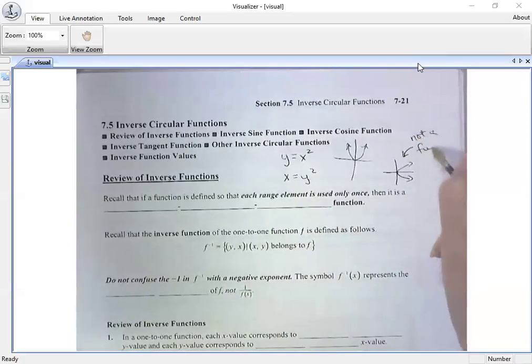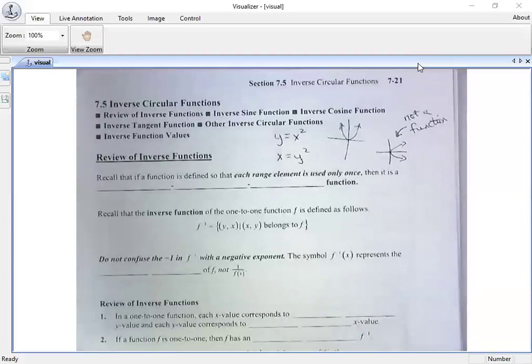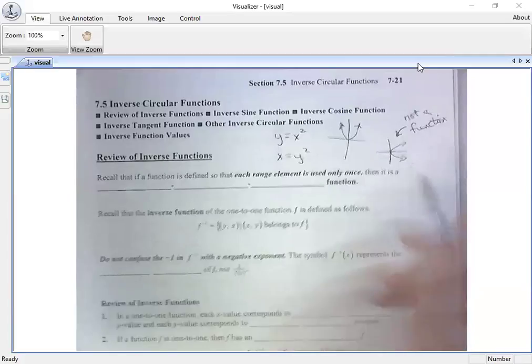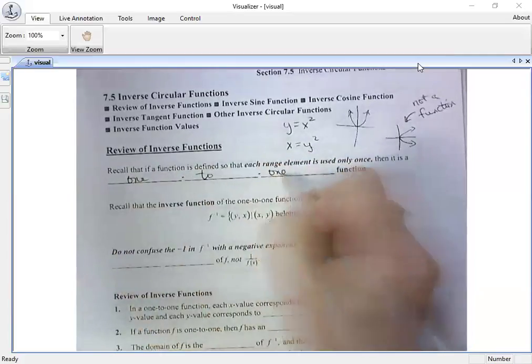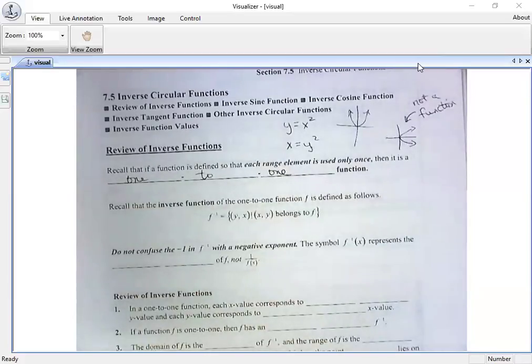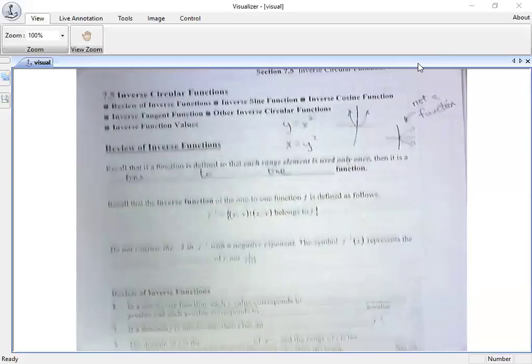So in order for a function to have an inverse, it has to be what we call a one-to-one function. That means not only would it pass a vertical line test, but if I'm looking at the graph, it would also pass a horizontal line test. Okay? So that when you switch it, you would also get a function.